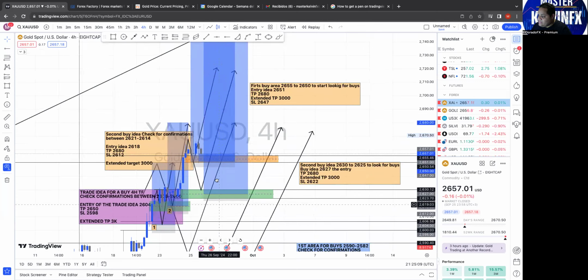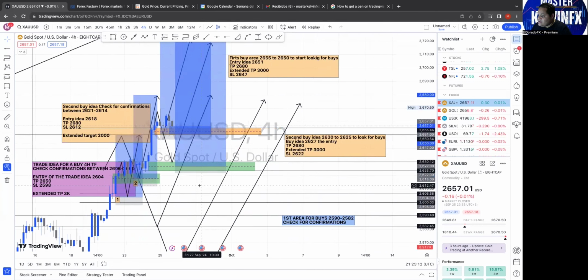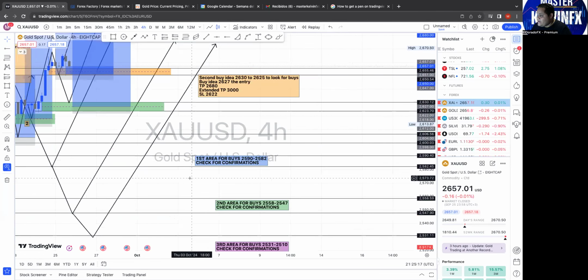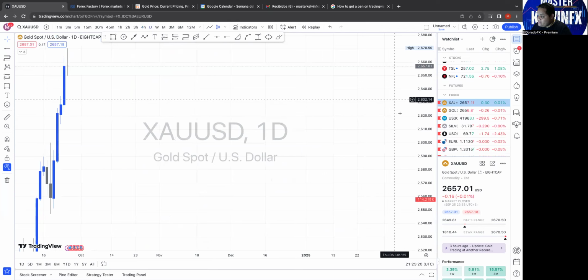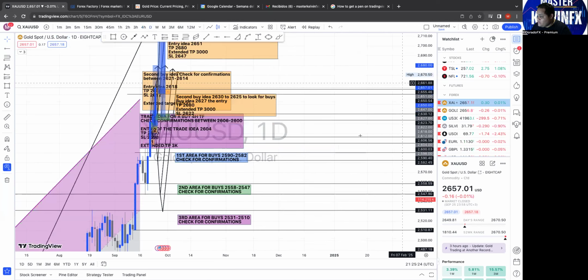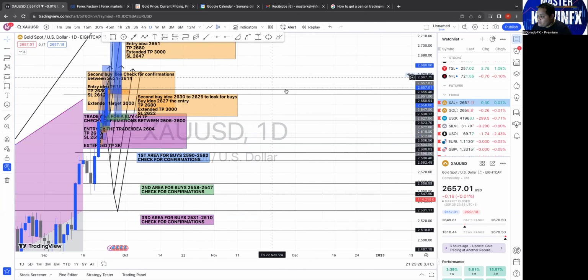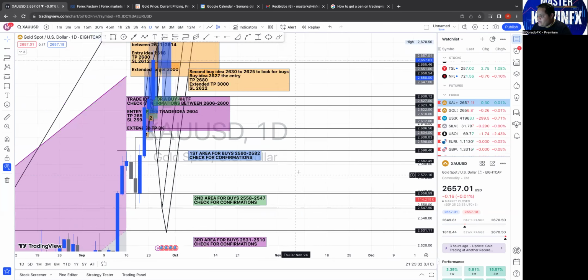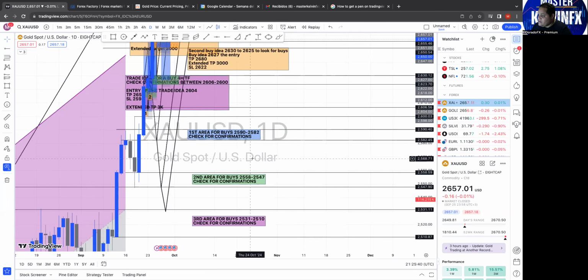We also talked about the other buy areas that you guys can think of and target. Don't forget, these are also daily areas that you can check for buy confirmations. Sorry about all the lines and everything, but it's a trading thing, so we need to draw them to be able to find ideas. The first buy area will be 2,590 to 2,582. Then a second buy area, 2,558 to 2,547.